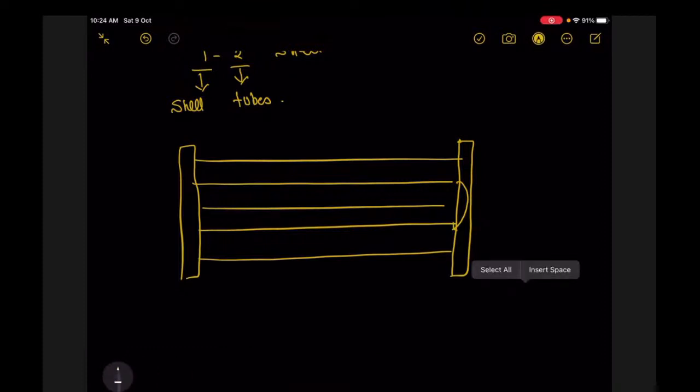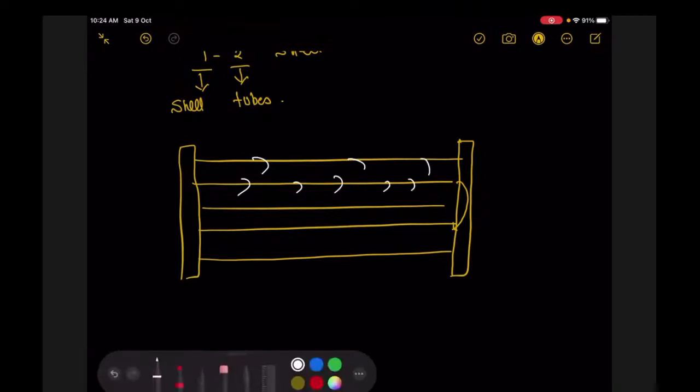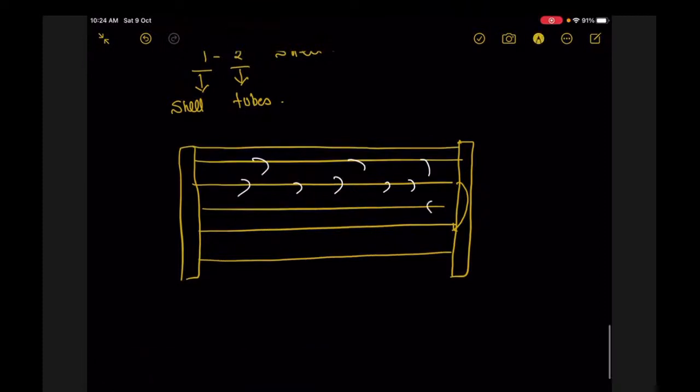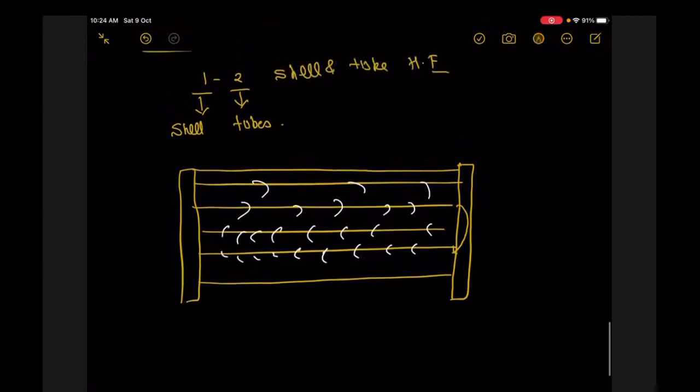Here the direction of tubes will change. Initially they are moving in this direction. Now from here the direction will change here. So here is the entry of tube in. Here there is the outlet, tube out.